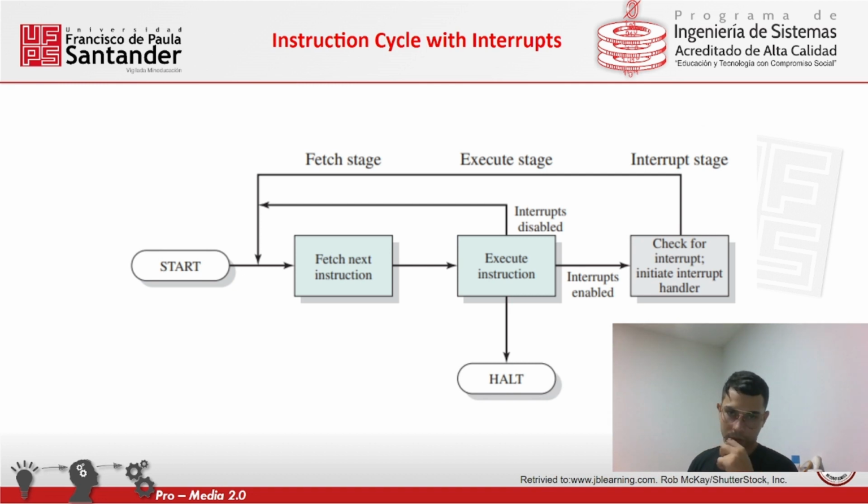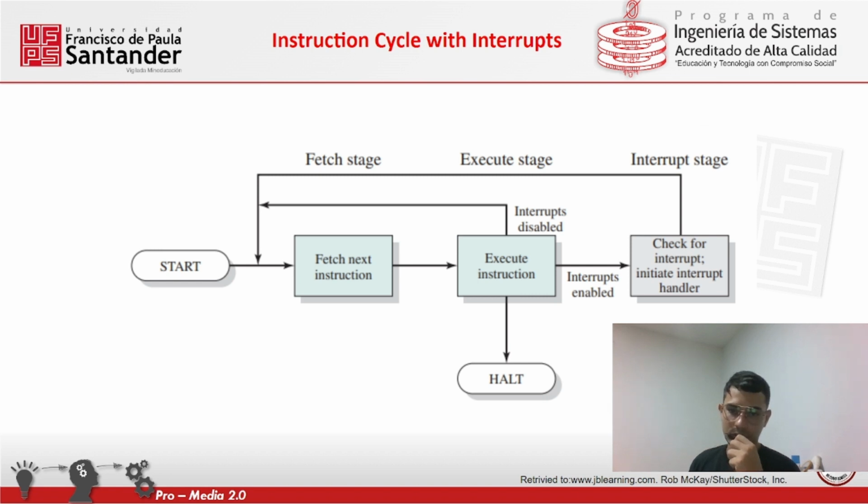Instruction cycle with interrupts. In the interruption phase, the processor checks whether any interruptions have occurred, which is signaled by an interruption signal. If there are no pending interruptions, the processor proceeds to the fetch phase and looks for the next instruction in the current program. If there is a pending interruption, the processor temporarily suspends the execution of the current program and proceeds to execute an interruption handling routine.